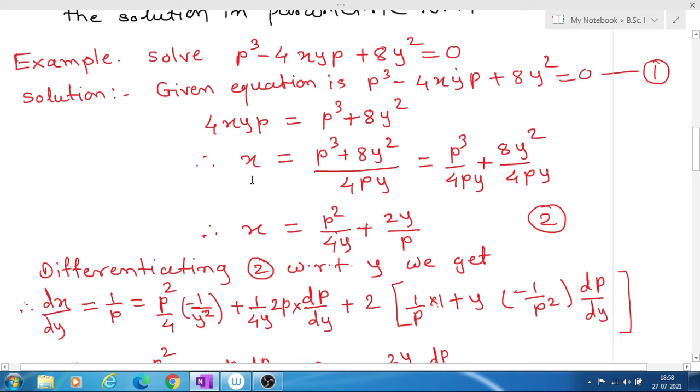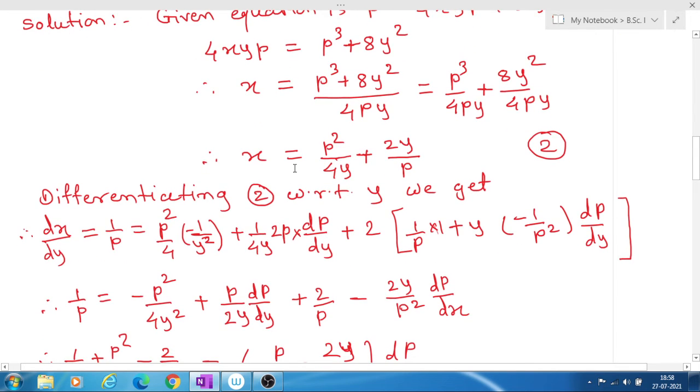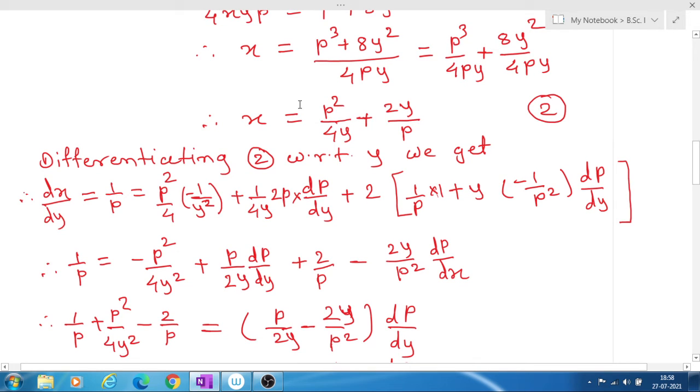So we write this for x, and simplifying the terms, we get x is equal to p square upon 4y plus 2y upon p. So this is the first step, that we have to write the equation in the form x is equal to function of p and y.